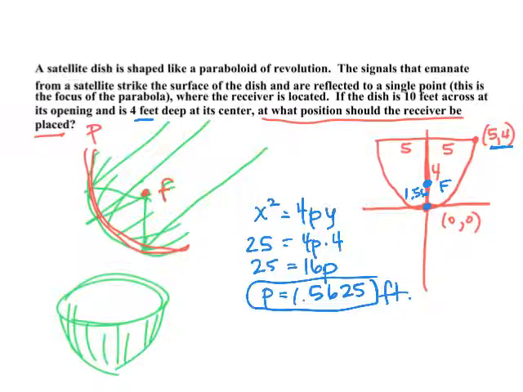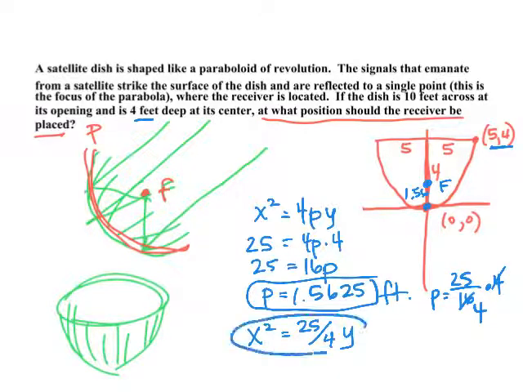If we want, we can write x squared equals, let's see, it's 25 fourths y. What that was is it was 25 over 16 is p in fractions times 4. So you end up with 25 fourths y. So we'll leave it like that. You didn't need the equation, but it was nice to add that in. But the real answer is what the p-value is.